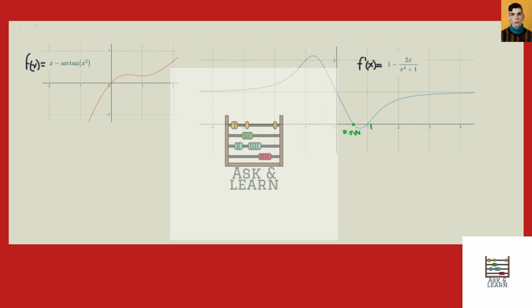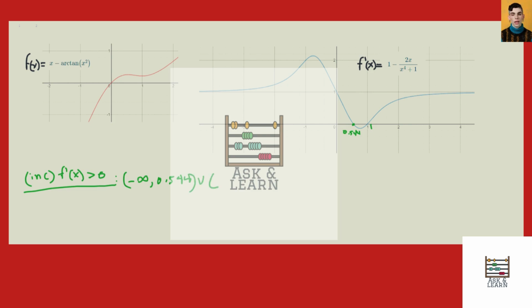Now let's go ahead and find where this is increasing or decreasing. So remember, to find where the function is increasing, that is where f prime of x is strictly larger than 0. So coming from -infinity, the function is larger than 0, and it will be larger than 0 until we hit our first intercept, which is at 0.544.